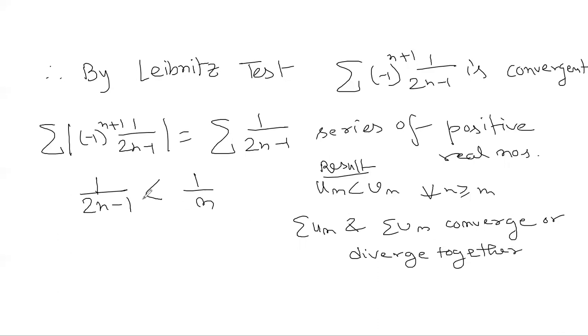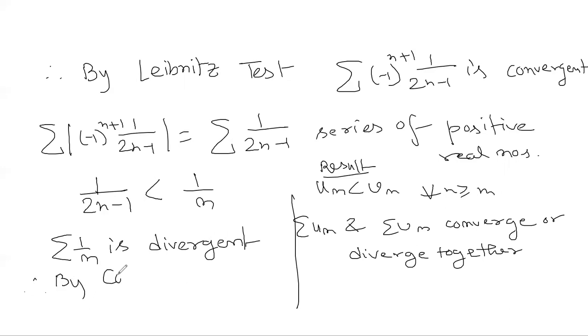The series 1 by n is divergent because it is the harmonic series, a p series with p equal to 1. So by comparison test, summation 1 by 2n minus 1 is divergent.